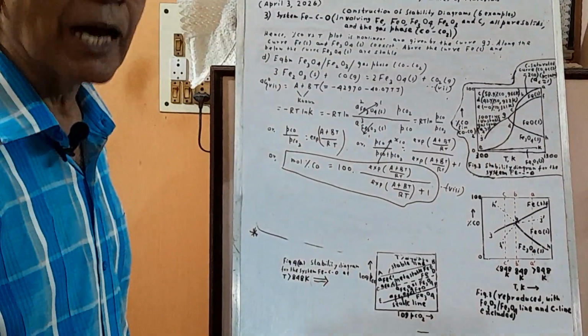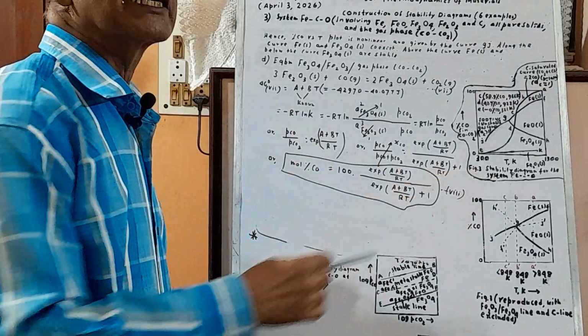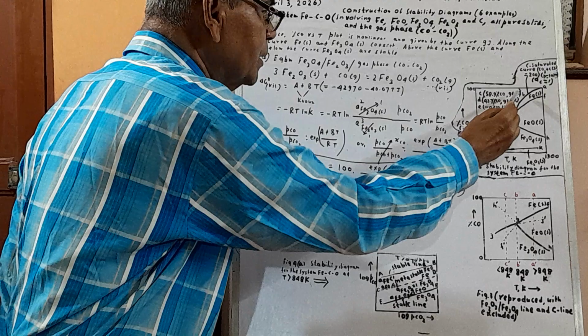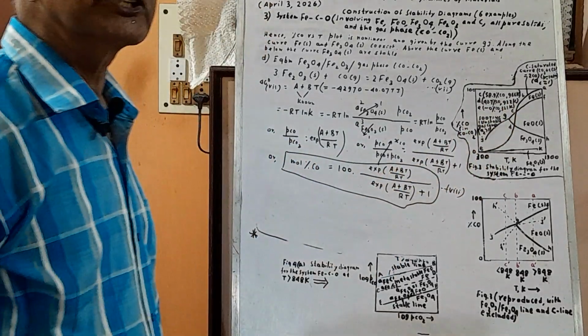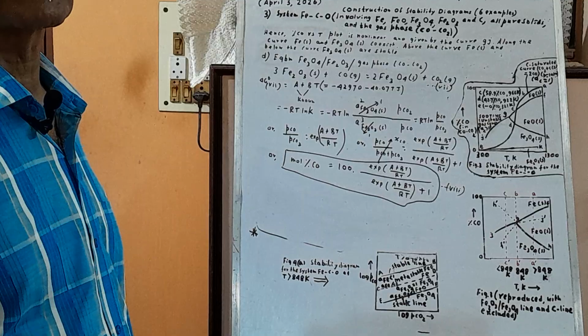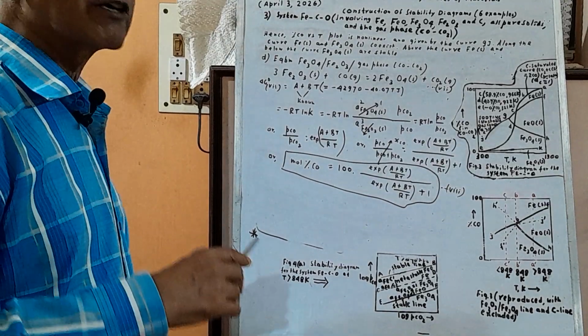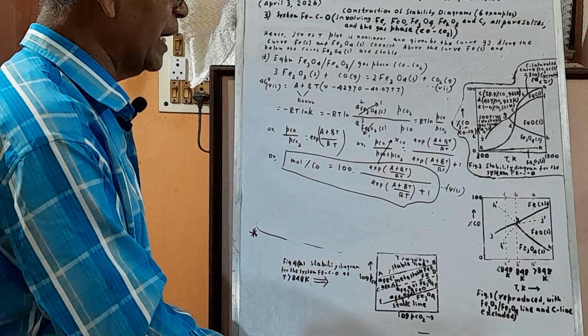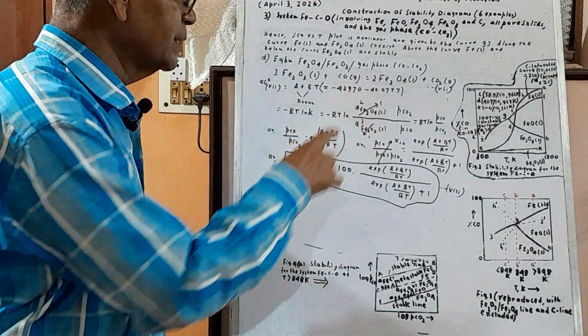So we must in a similar manner find the equation for the carbon curve. What is the carbon curve? A, B, C, D, E, which we have already studied a number of times. But still, for the sake of completeness and for the sake of this construction, we will again take up this one.